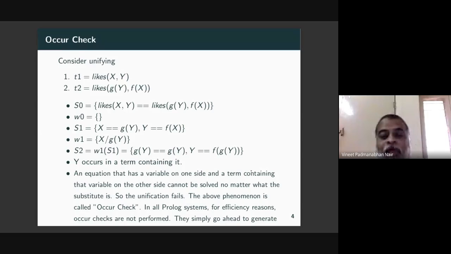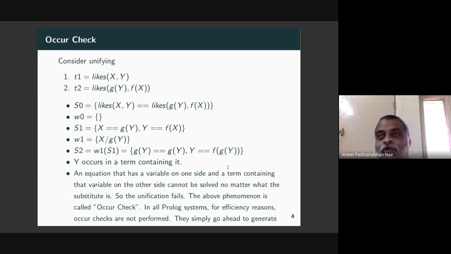An equation that has a variable on one side and a term containing that variable on the other side. So here you have a variable on this side, y, and on the right-hand side you have a term, because it's a function, f of g of y, and a term containing that variable on the other side cannot be solved no matter what the substitution is.